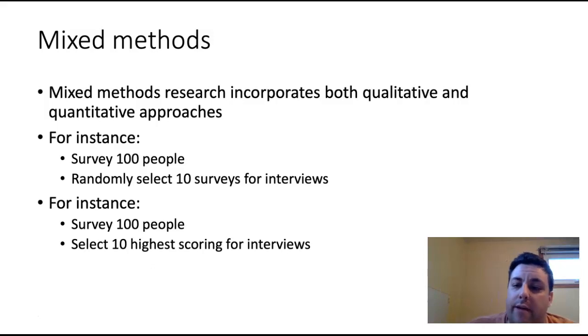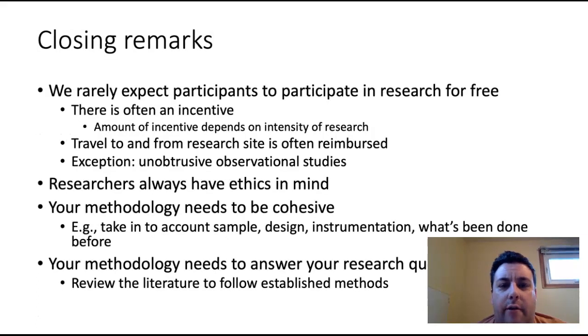There's lots of ways to do this. Those are just two examples, but the key point about mixed methods is that they typically involve the advantages of qualitative and quantitative research.